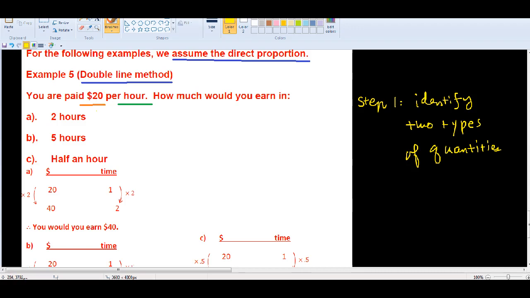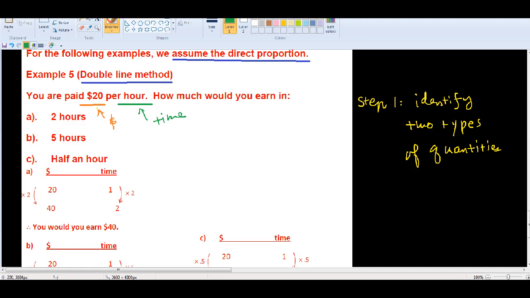So that's the pay, you could say this is the money, which is the pay, and the other would be just the time. And the information here is $20 per hour. That means in each hour you are going to be paid $20.